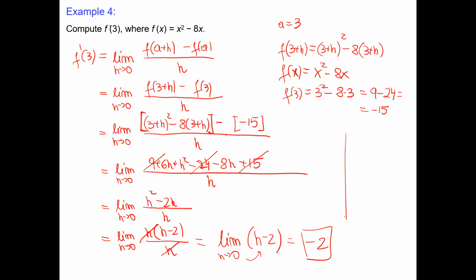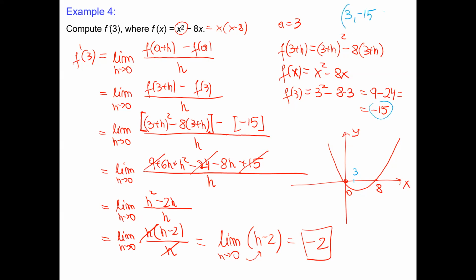And we may check if it's negative. The function x squared minus 8x, when I factor out x, is a parabola that opens up, with zeros at 0 and 8. And at 3, if we substitute 3, we will have negative 15.